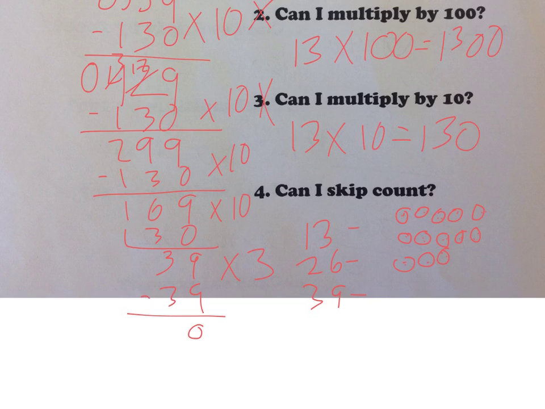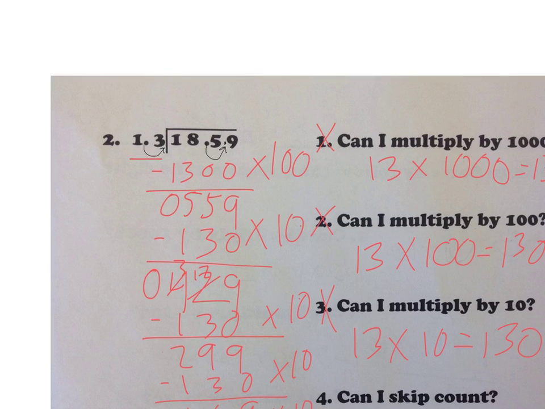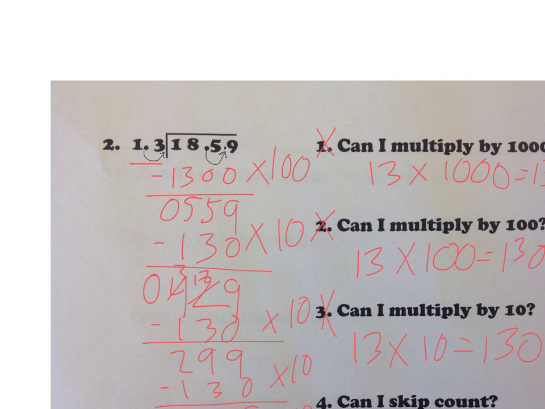Now I have to do my last step, where I add up all my pieces. I had 100 up at top that I multiplied. I have 1, 2, 3, 4 tens, which is the same thing as 40. And then I have 3 ones. If I add those all together, I get 143. Now, I'm not done with that problem yet. I have to take that number up to the very top and place it up here, just like I normally would.